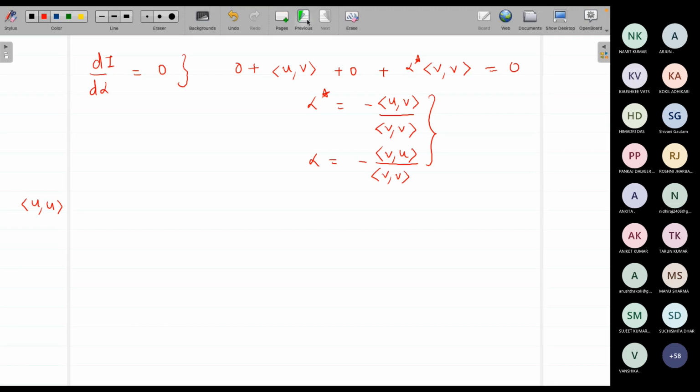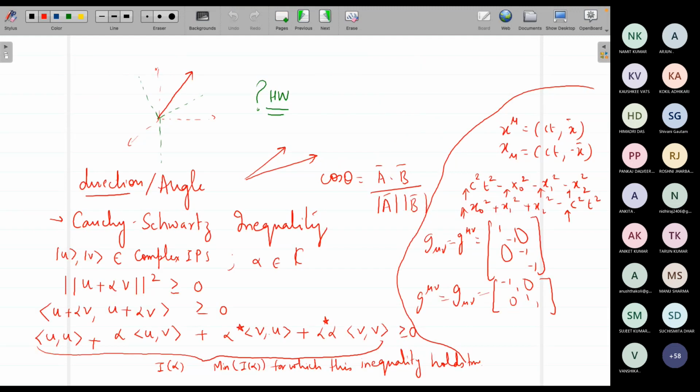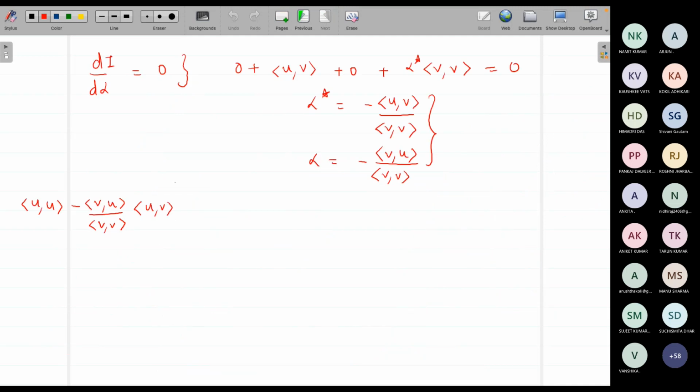Then the next term: alpha times <u,v>, where alpha is <v,u> over <v,v>. Next, alpha star <v,u>, where alpha star is <u,v> over <v,v>. And the last term, alpha times alpha star, with two negatives, so it is positive: <u,v><v,u> over <v,v> times <v,v>, which is greater than or equal to 0.